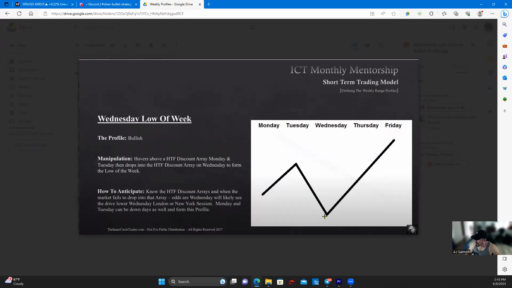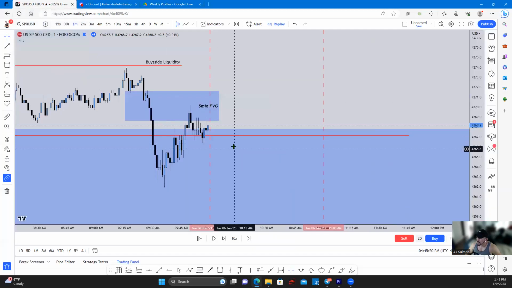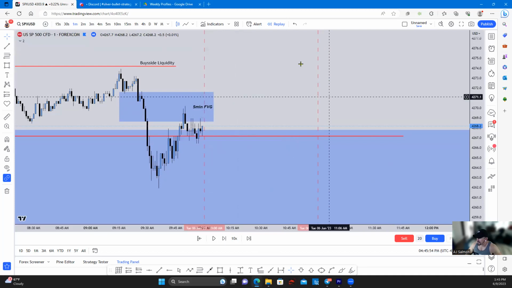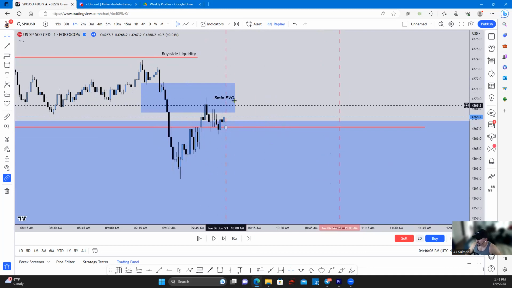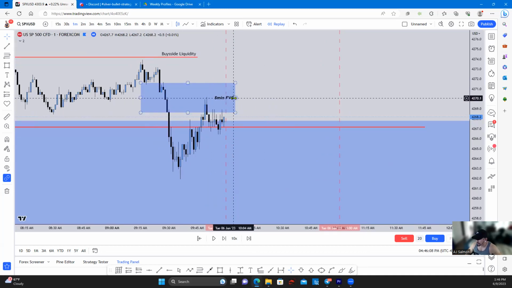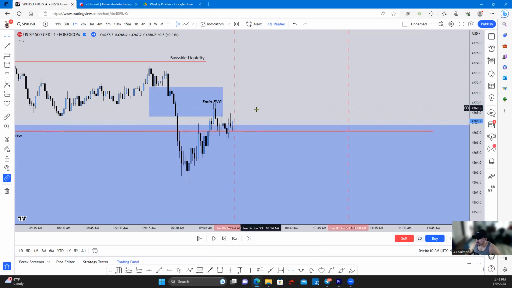So we could dip lower and then rally higher, right? So on the higher time frame, we're bullish. But that doesn't mean that inside of this window on a smaller time frame like the 1 minute, you can't be bearish. You can. So it all depends on price action, right? So we can see we're inside of this 5 minute fair value gap, rejecting it here.